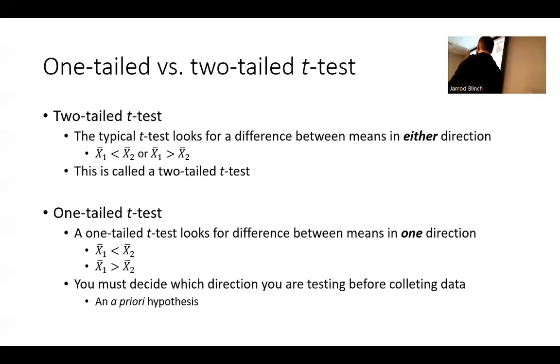And that we call a one-tailed t-test. The key for a one-tailed t-test is you have to pick which direction you're testing. Are you looking for more mischievous acts or fewer mischievous acts? And that has to be a decision you make before you run your experiment and collect data. So it's an a priori hypothesis.